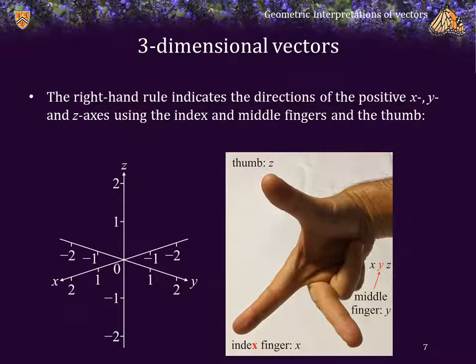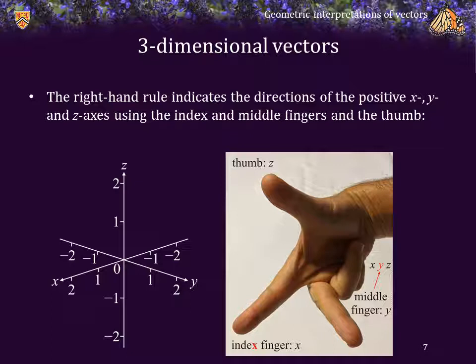The right-hand rule indicates the directions of the positive x, y, and z axes using the index finger to indicate the direction of the positive x-axis. The middle finger points in the direction of the positive y-axis, and the thumb points in the direction of the positive z-axis.